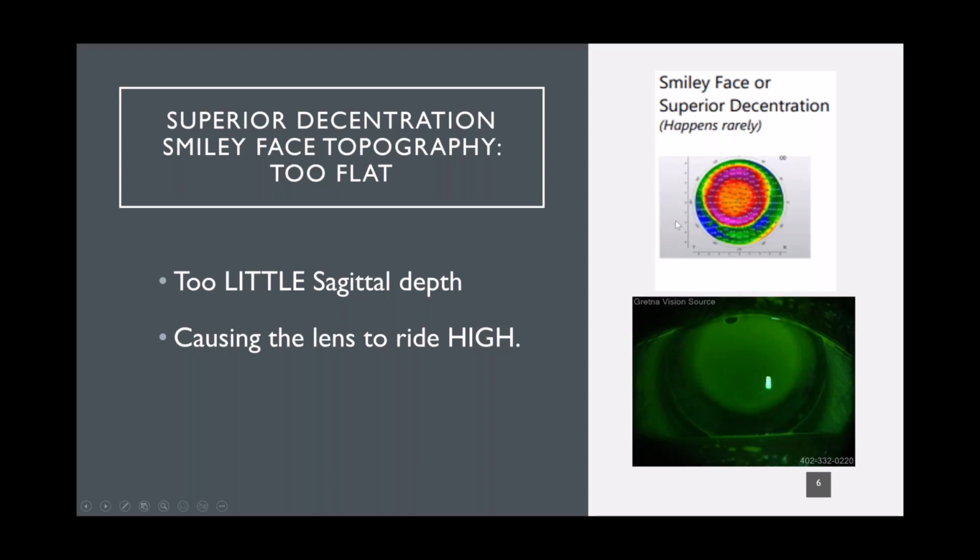And when we see a smiley face or a superior decentration, what that means almost always is that your lens is fitting too flat. And when we have a lens that's fitting too flat, the best thing that we can do is to try to steepen that lens a little bit or to try and increase the sagittal depth because it just has too little sagittal depth.